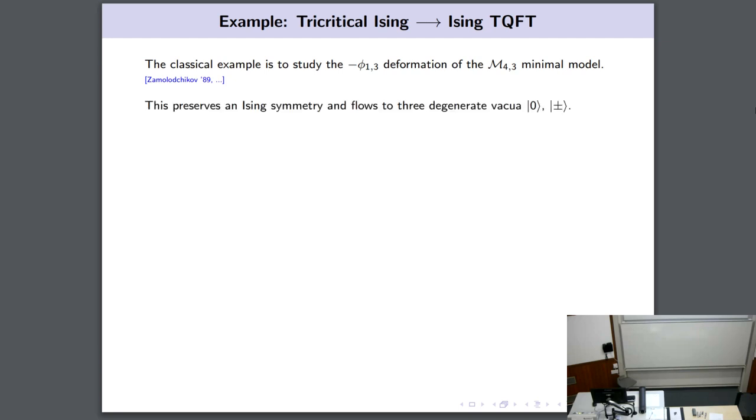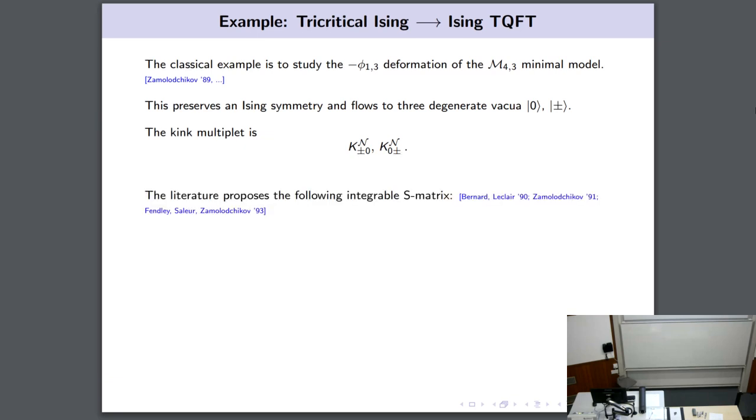The vacua are just the ones introduced before, and you can look at the kinks. It's known that there is a kink which interpolates between these vacua, described also by Zamolodchikov, and you can understand which one is the multiplet of the kink, and this is labeled by the line N in the C-dual-M, which is in this case just the same. This is the kink multiplet.